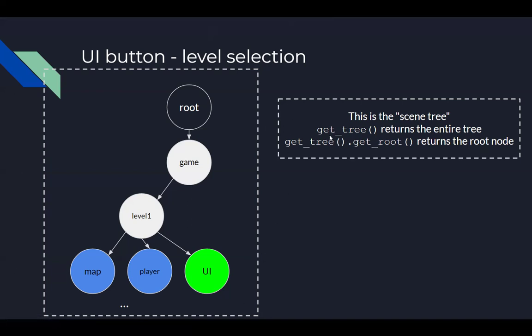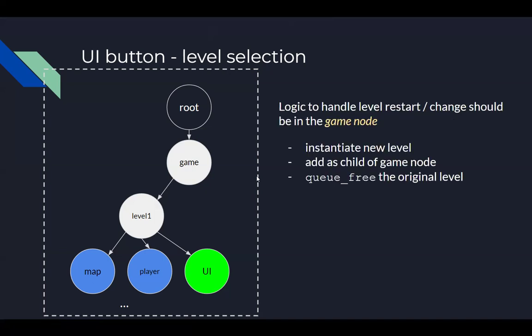When you call get tree, it returns this entire tree object itself. And if it's get tree dot get root, it returns you this root node. So that means you can get tree dot get root dot get node game. Then you can access the nodes from the top of the tree instead of the relative positions.